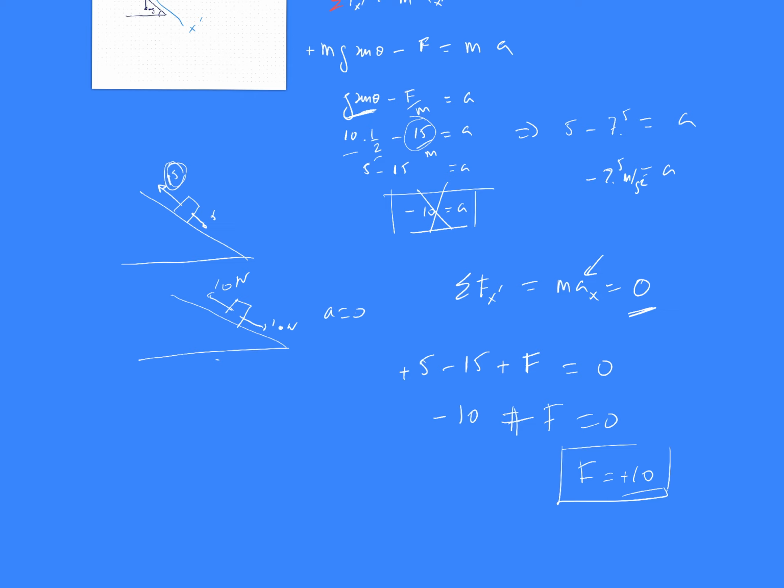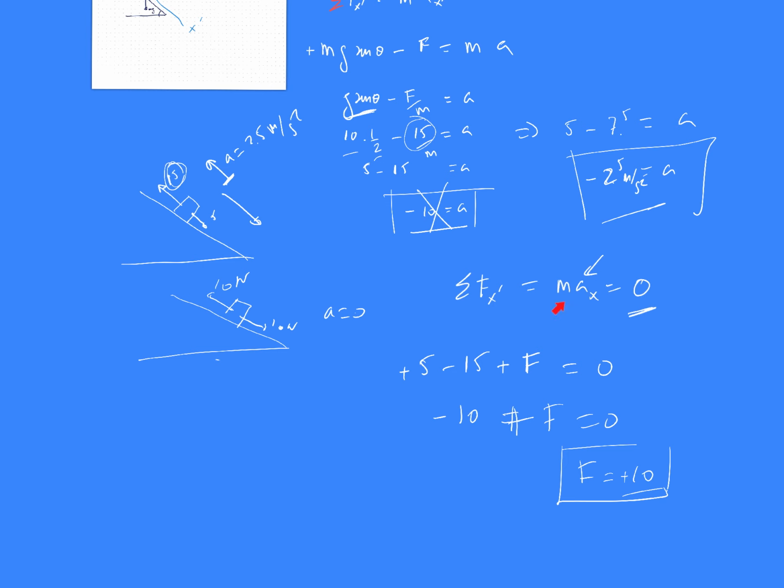So it means that, because I have chosen the positive direction going downwards, the acceleration is 2.5 meters per second square, minus 2.5, but going upward, going in this direction. Okay, now let me see if I made another mistake here.